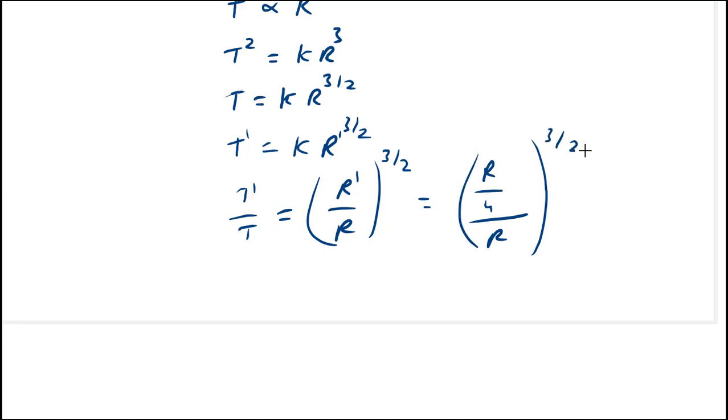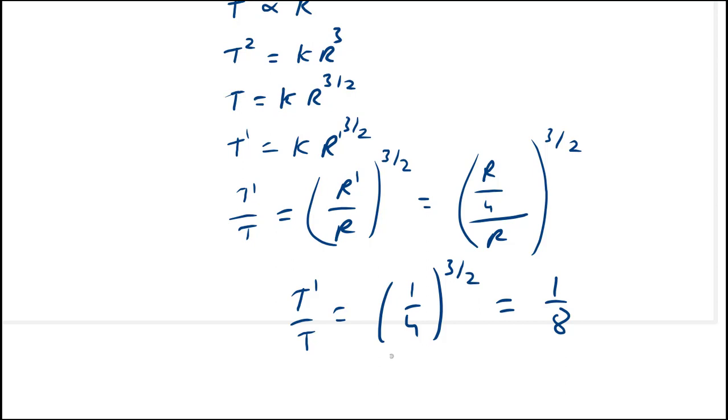R gets cancelled out, so we are left with t dash upon t is 1 upon 4 raised to 3 by 2. Now here if we calculate, we have to take the cube of 4 and then take square root of 4. The square root of 4 is 2, and the cube is 8. So if we solve this, we get 1 by 8.